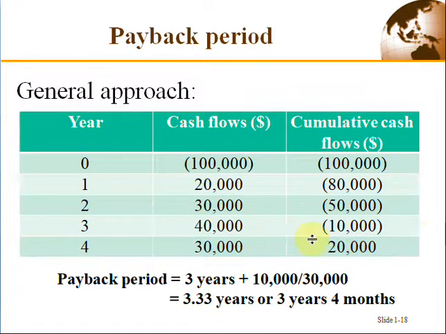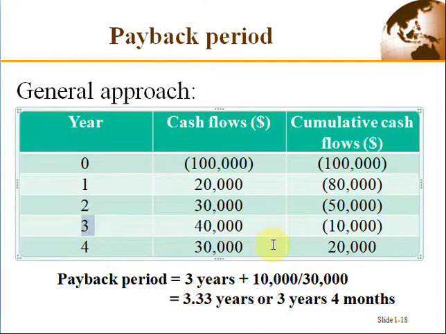But look at what happened. You got 30,000, paid back the remaining 10,000 and had a plus of 20. So invariably, in the third year plus some months, you were able to pay this money. How do we know that month? Your payback period is 3 years basically, because after this third year we had extra.